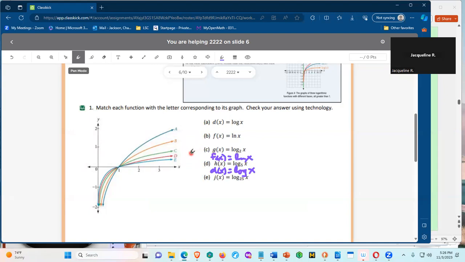Reverse that to know how to match those up with these curves as we see them lettered over on the right.